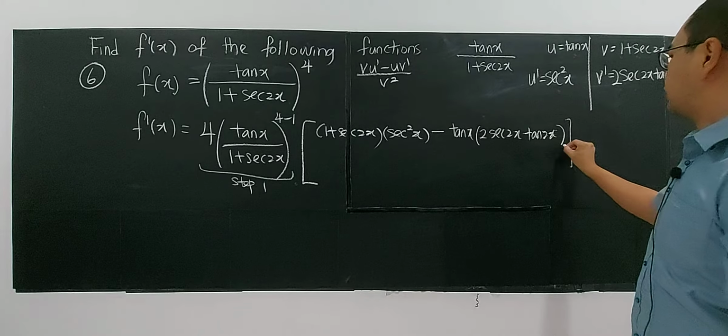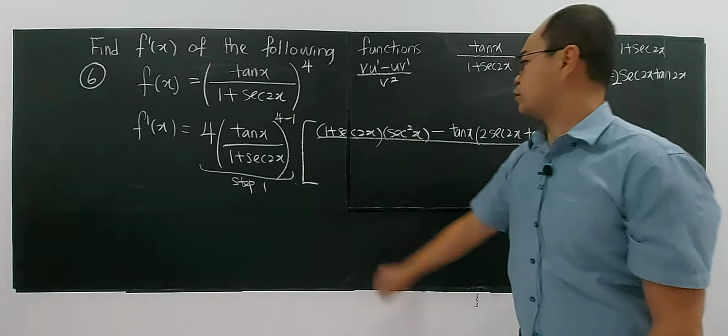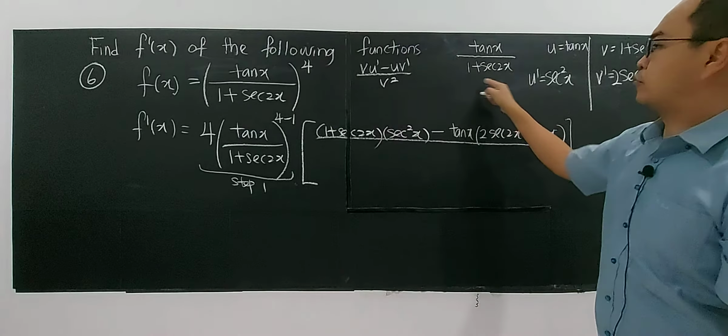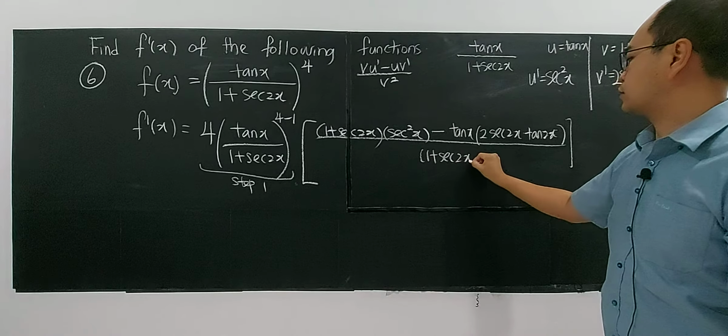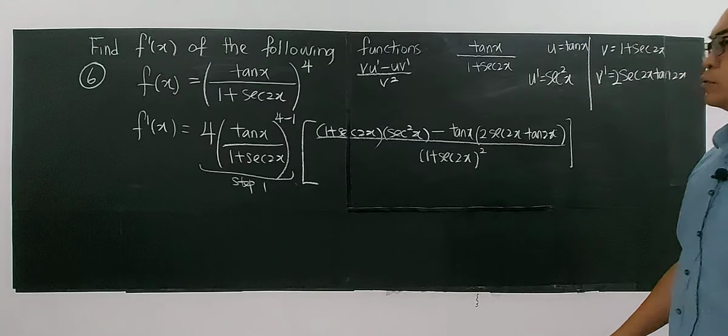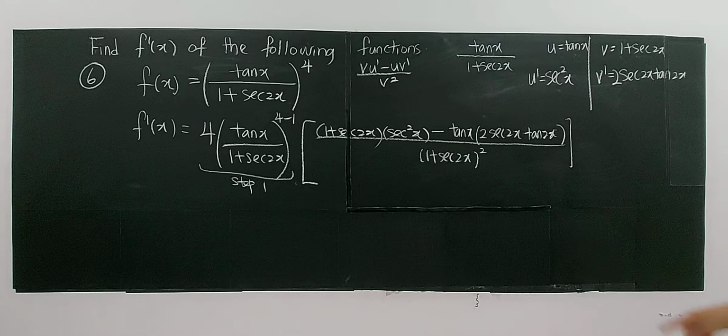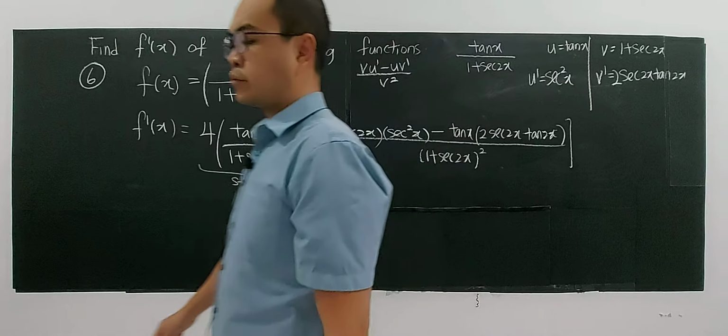Everything over v to the power of 2, which is 1 plus secant 2x to the power of 2. So this is how we do all this.